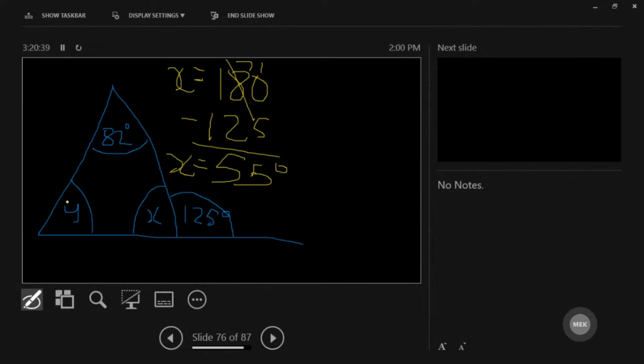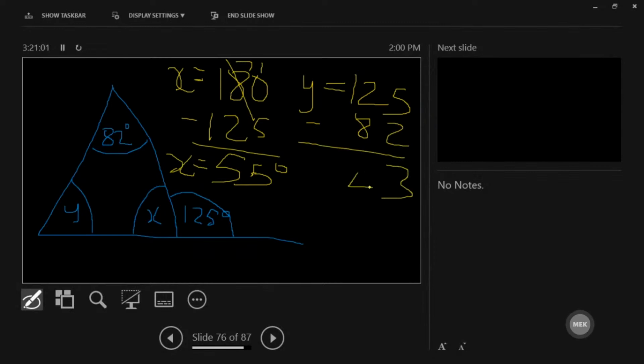For y, the exterior angle is equal to the sum of the two opposite interior angles. So 82 plus y would give 125. So y will be equal to 125 minus 82. And that's going to give 43.